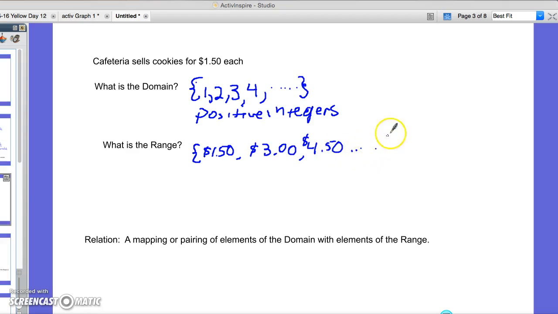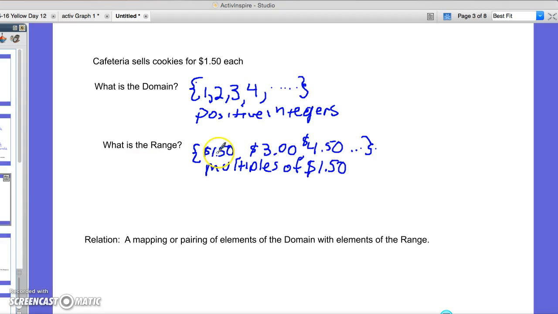For 4 I'd pay $6, etc. So if we think about what these are, 1.50, 3, 4.50, 6, these are all going to be multiples of $1.50.